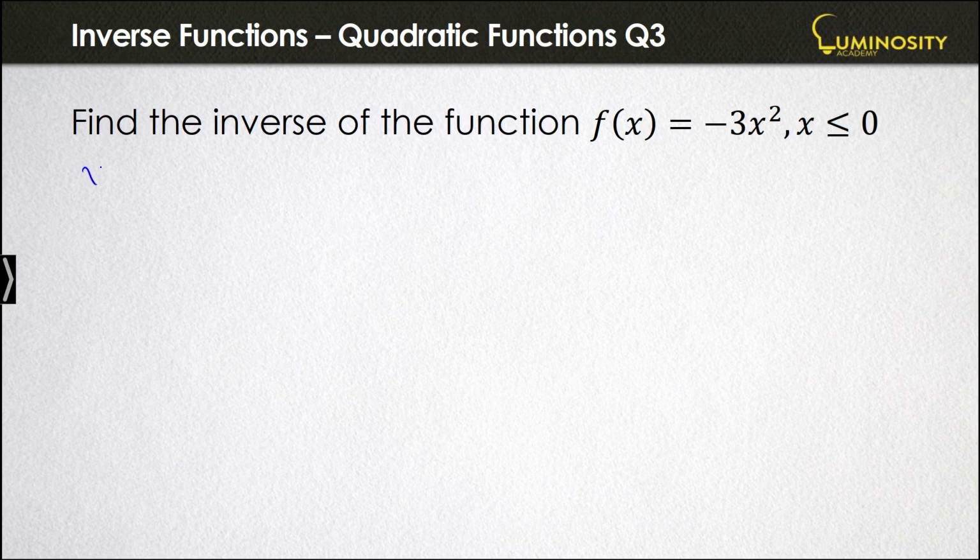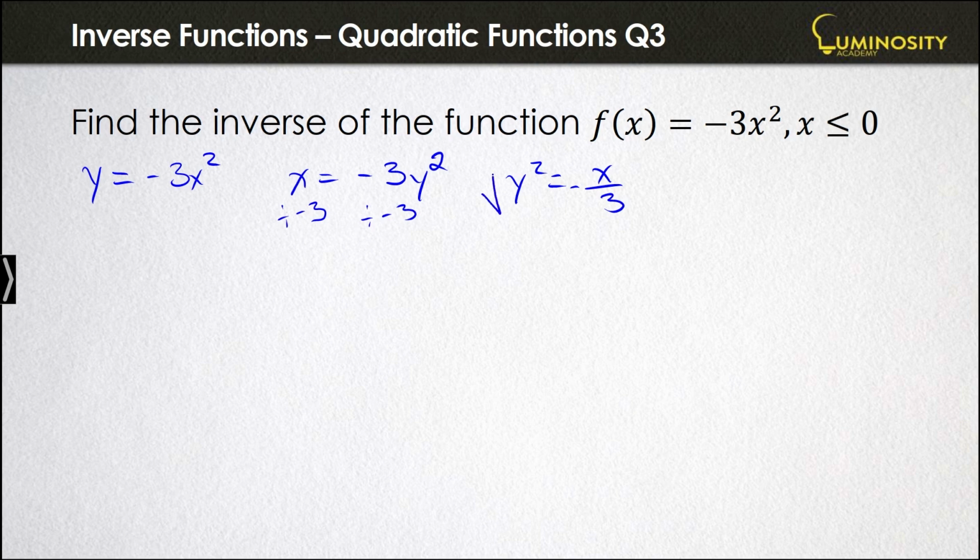So first things first, we're going to say y equals negative 3x squared. We're going to swap our x and our y. So it's x equals negative 3y squared. And now we want to solve for our y. So we're going to divide by negative 3. We have y squared equals x over 3, and this is negative. And now we want to take the square root of this entire thing.